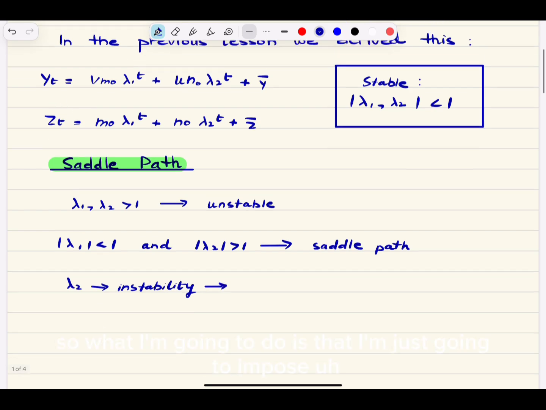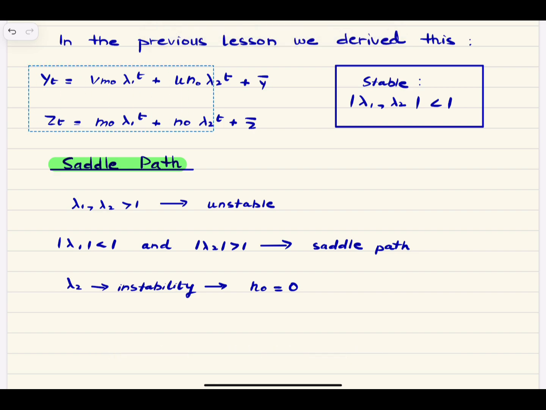So I'm just going to impose a restriction on the constant being multiplied by it. Basically, I'm going to impose the value of n naught being equal to 0. So let's go ahead with this. Let's impose this.